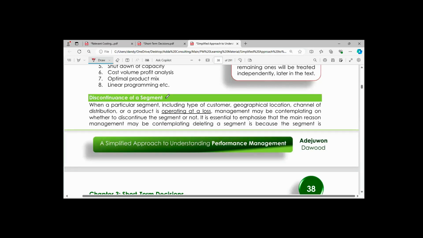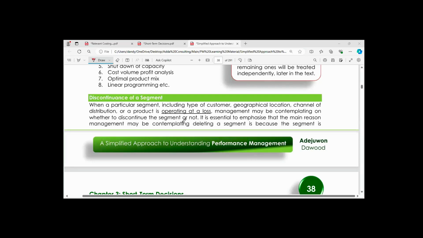So when a segment is operating at a loss, management may be thinking of closing down the segment.